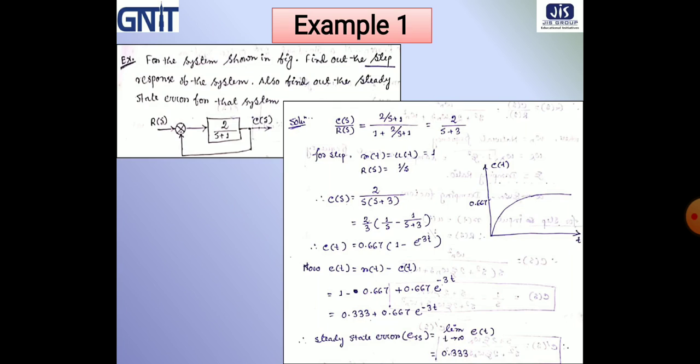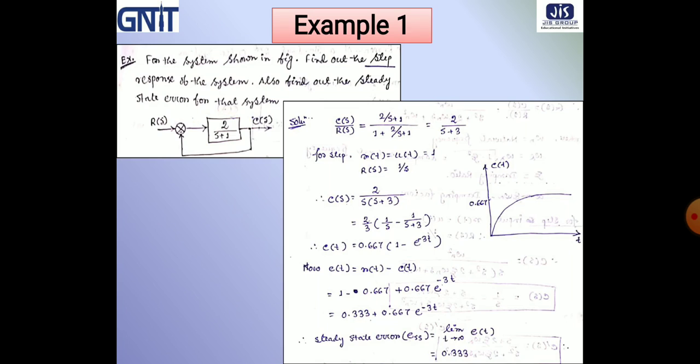Very simple. Here the forward path transfer function G(s) is equal to 2 by s plus 1, and the feedback path transfer function H(s) is 1, as there is unity feedback. If we apply the formula of the closed loop transfer function, C(s) by R(s) is equal to G(s) by 1 plus G(s) into H(s).